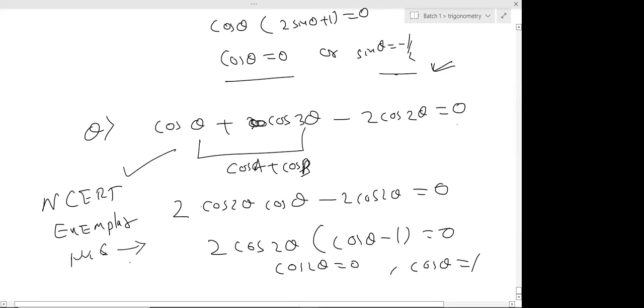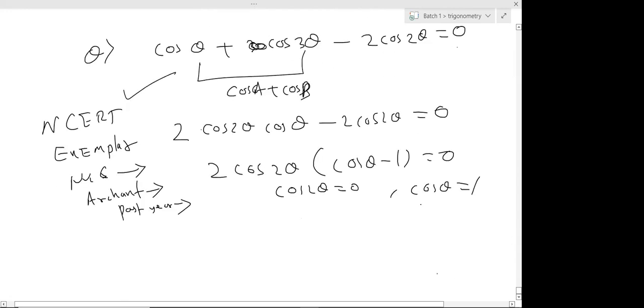JEE Mains. All right. After that, you can get Arihant objective, and past year papers. And also, you can get some material from Learnivio. But the first priority should be NCERT, then exemplar.